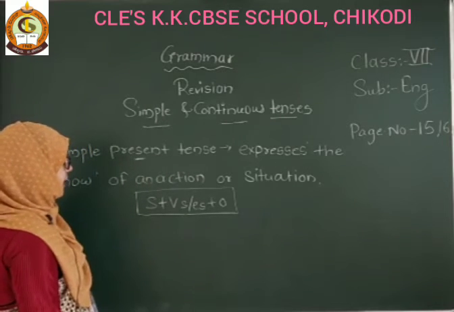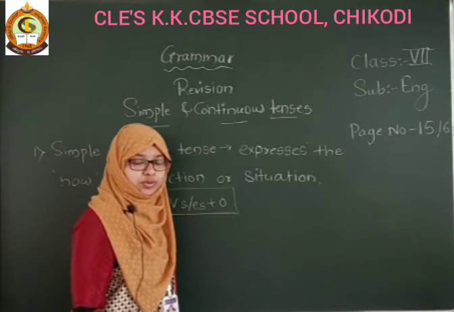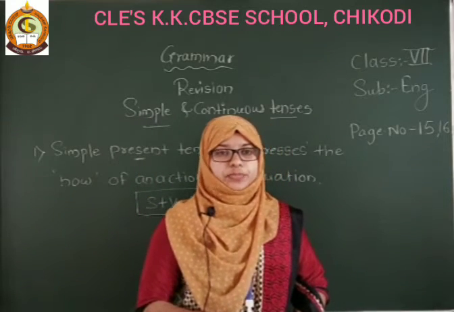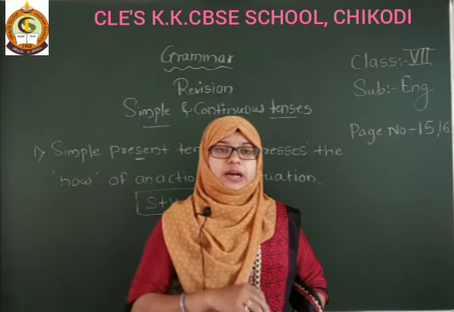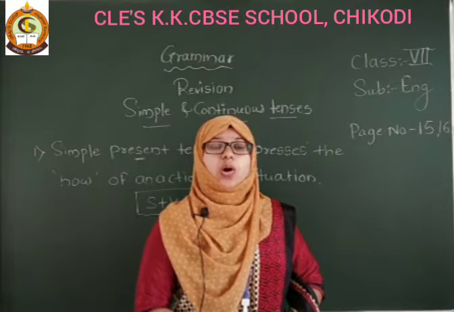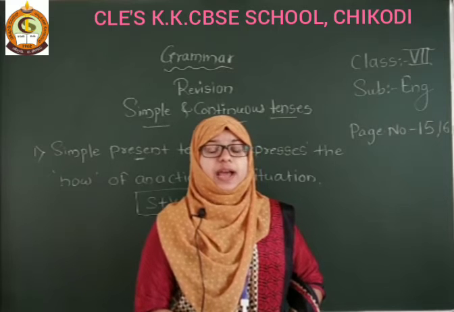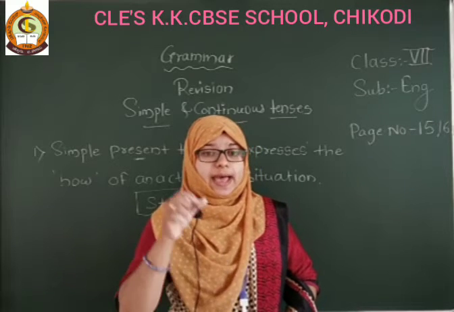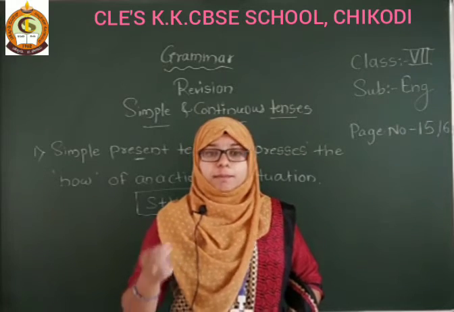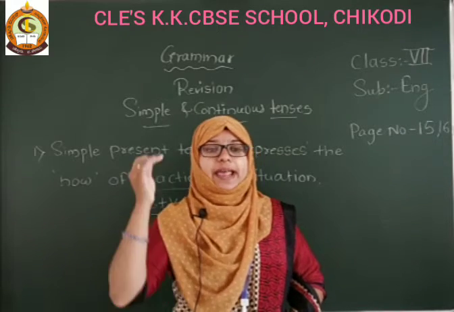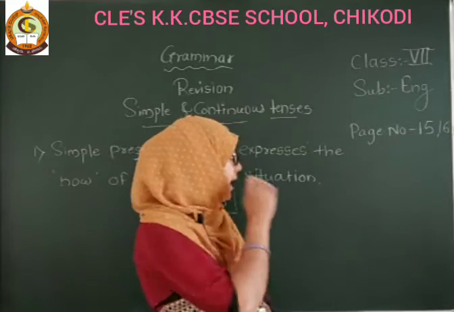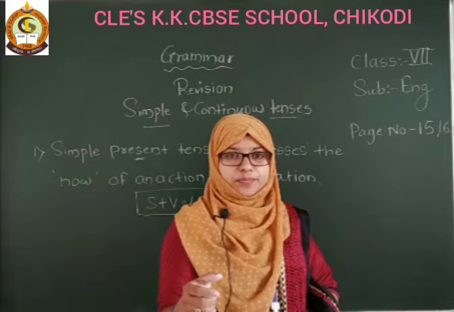Now s and es: when to add s, when to add es, that also we have to see. So what did we learn there? When it is first person or second person, we use the verb as it is, the base form of the verb. But when there is the third person like he, she, it, we have to add s or es to the verb.